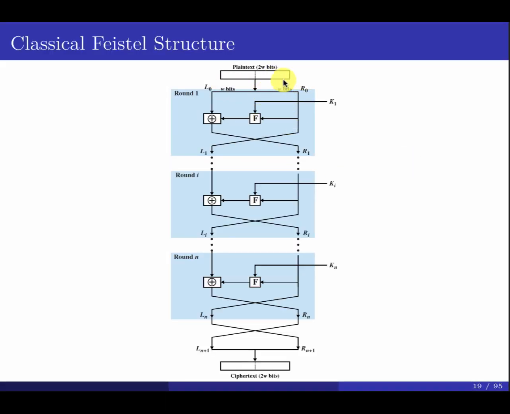You take the right half, pass it to the left, and the left half is going to perform some operation, like XOR with a specific function. Let's say the function is going to take two inputs, the round key or the subkey with the right half. Then after that, produce the result, and you have to switch or exchange this to the other side.